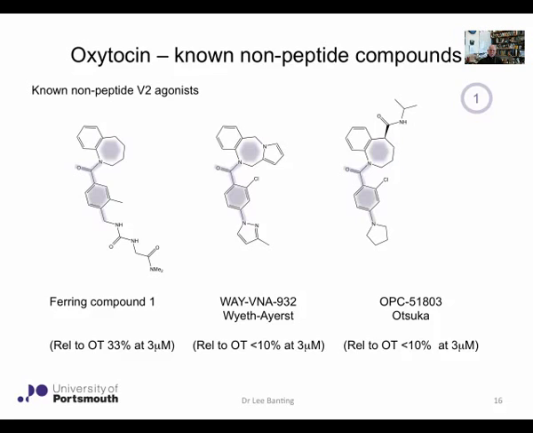They all have at least a common framework here, which involves a heterocyclic ring amide connected to an aromatic ring and being extended onto a substituent. So here and here.